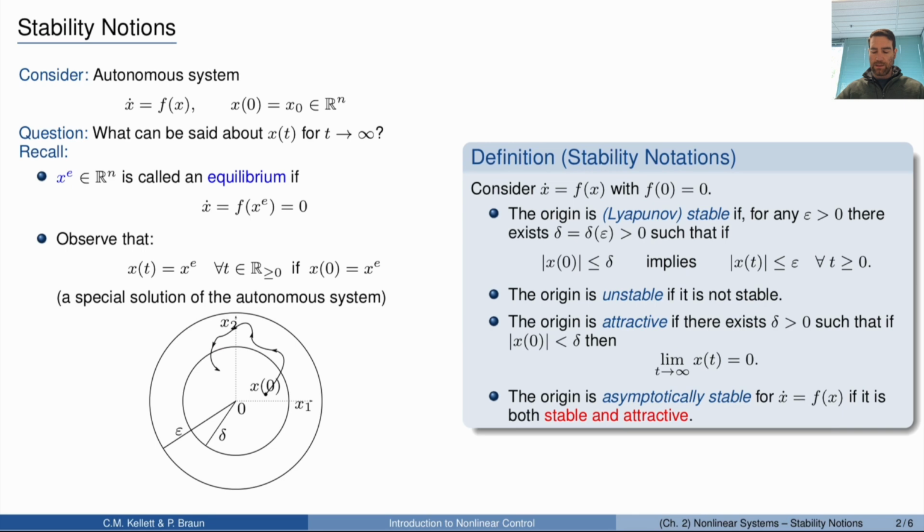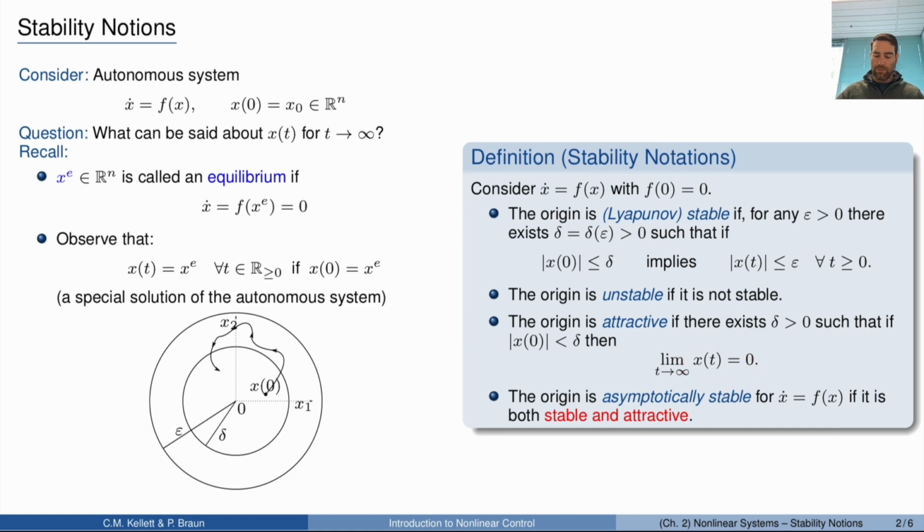And the next definition, attractivity. So this then focuses on the limit for t going to infinity. If we start again in a neighborhood of the equilibrium, meaning the norm of x0 is less than delta, and if we now let t go to infinity, then we say that the origin is attractive if we converge to 0.